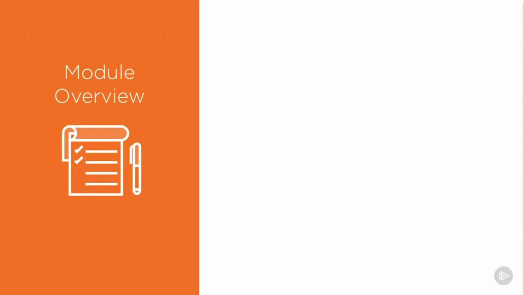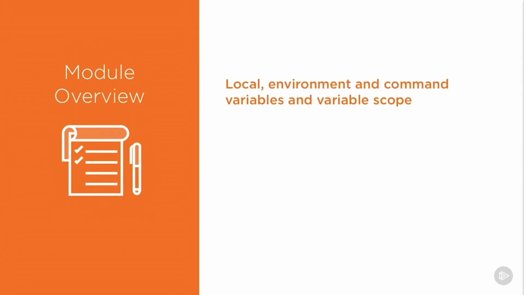Now, we've got a lot to go through, so what exactly is on our menu? Well, we're going to be taking a look at our local variables, we'll be looking at environment variables, and we can also set variables within the command scope, so command variables. And this then gives us an understanding of how that variable works and the variable scope. We'll be taking a look at the declare command.